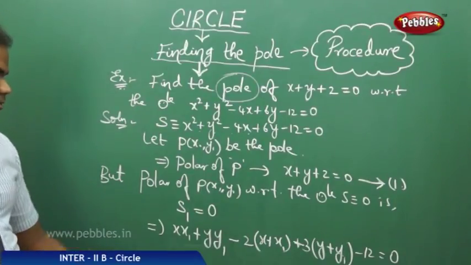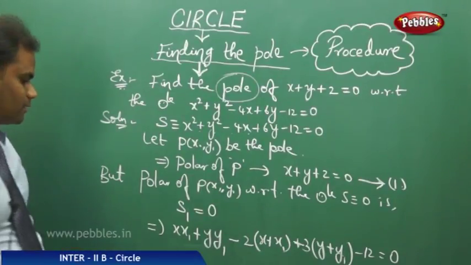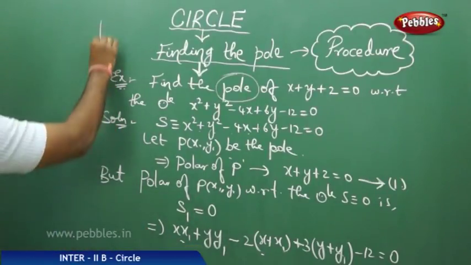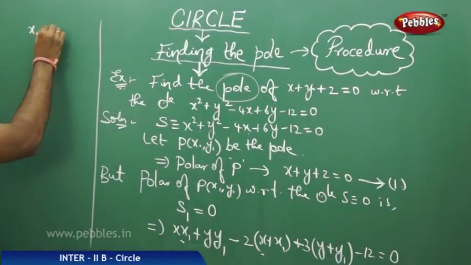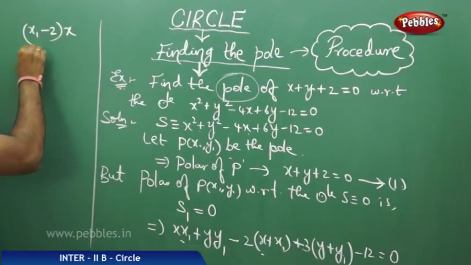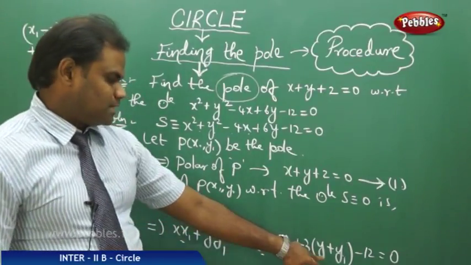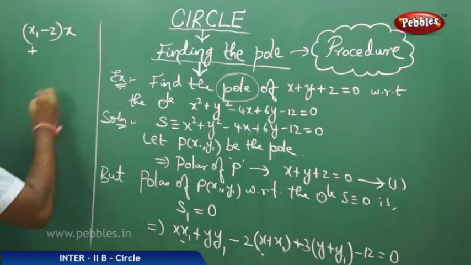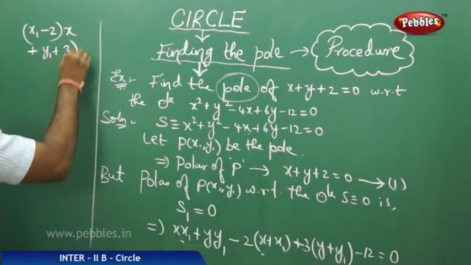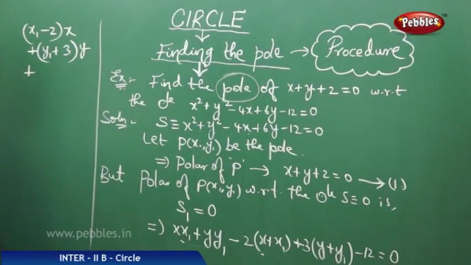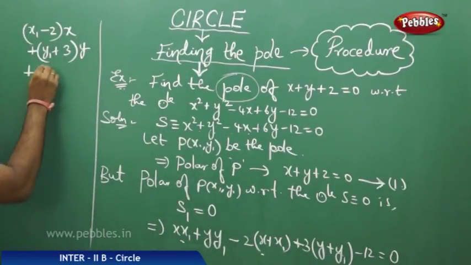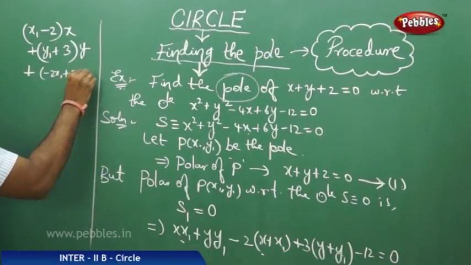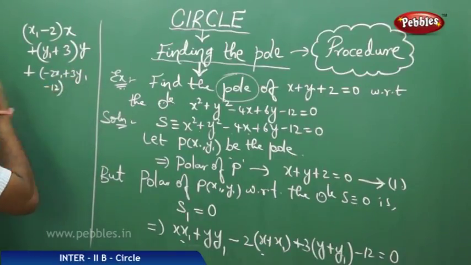So this I want to simplify in the form of x and y, where the x terms and the y terms are taken common, so that it becomes (x1 minus 2) x plus (y1 plus 3) y plus (minus 2x1 plus 3y1 minus 12) equals 0.